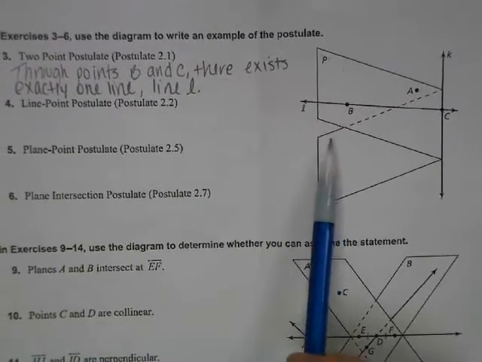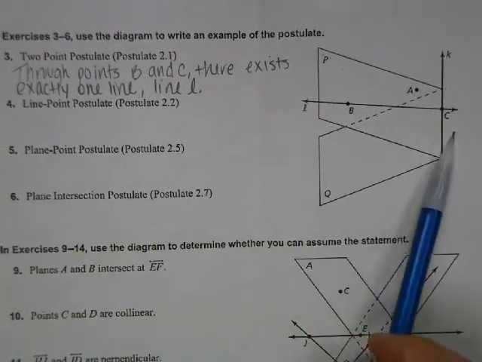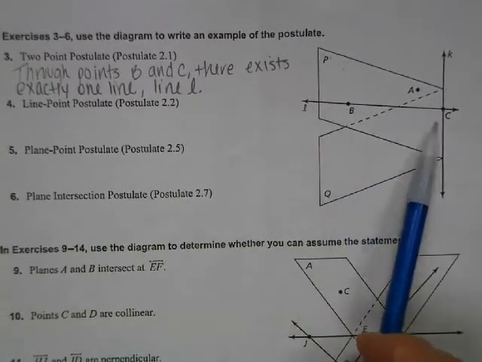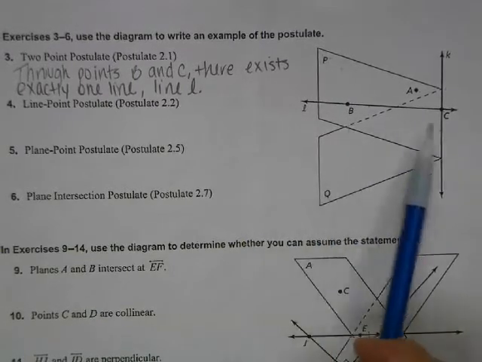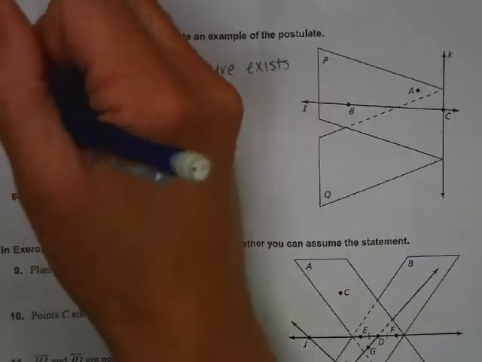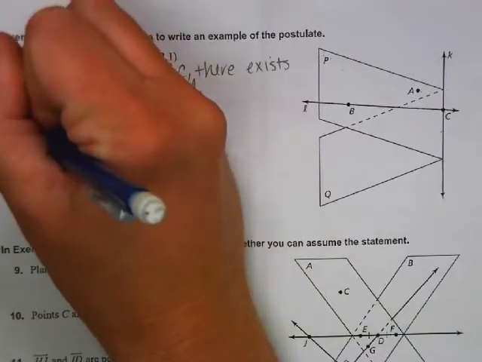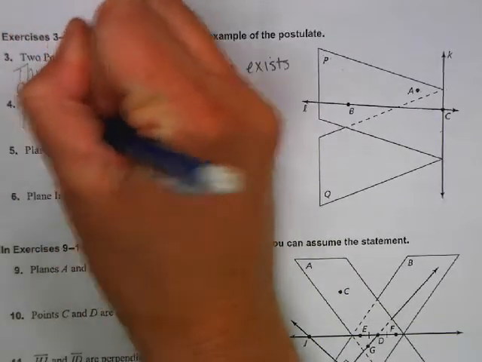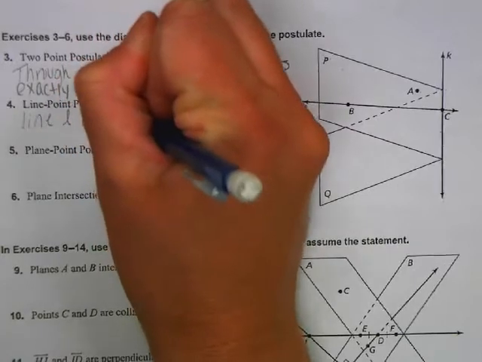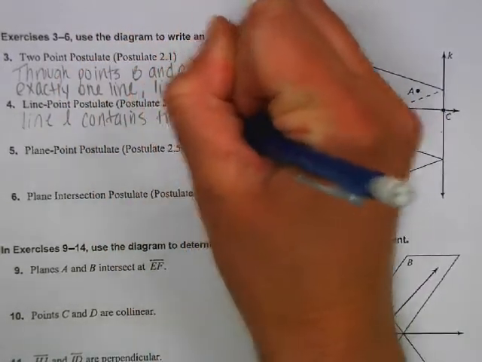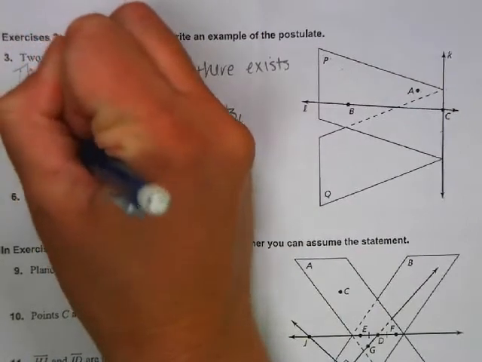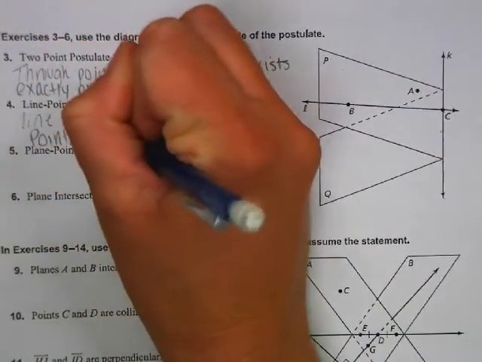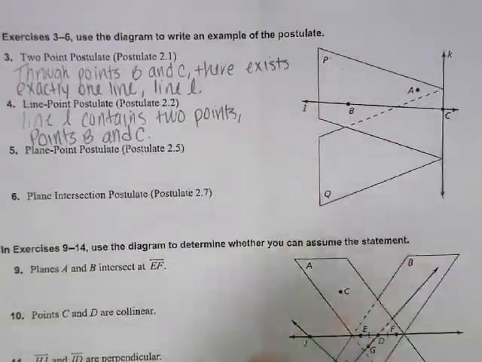So what you're going to use, again, is line L. And you're going to say line L contains 2 points, and they are points B and C.